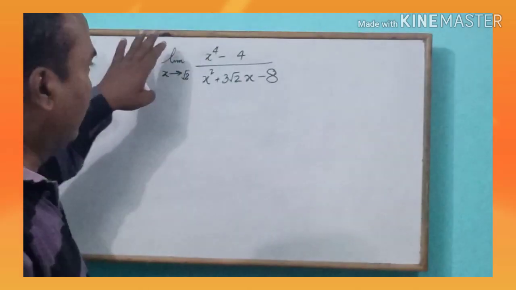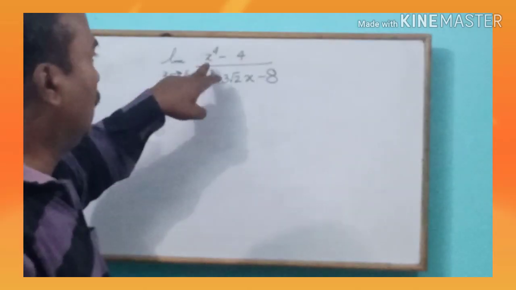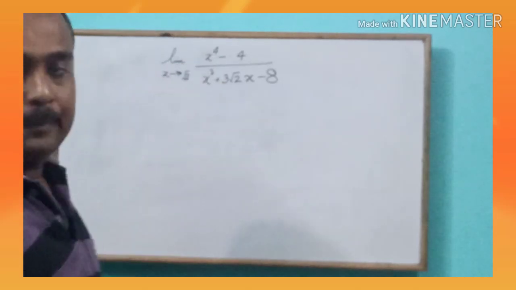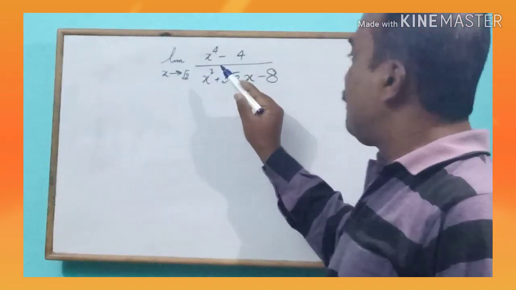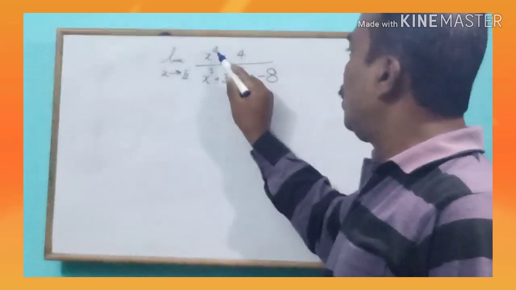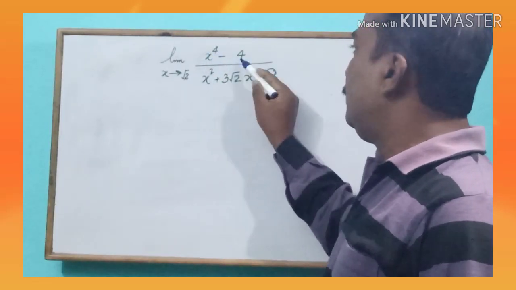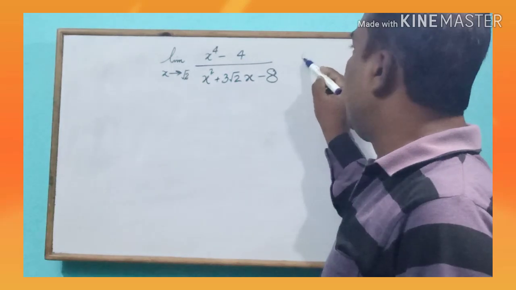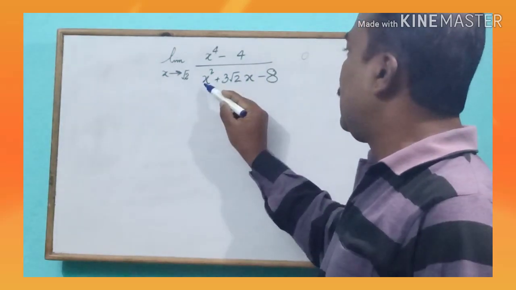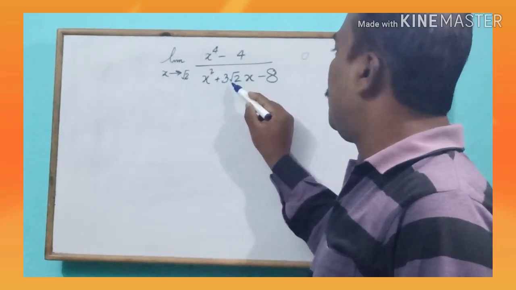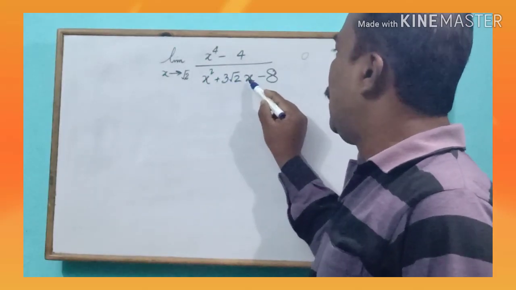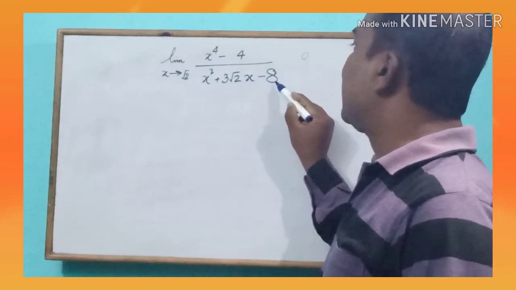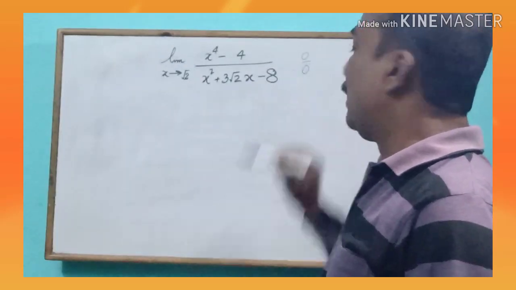If I put the value x is equal to root 2 here, we will get root 2 to the power 4, that is 4, minus 4, that will be 0. Numerator part will be 0, and denominator part, root 2 square is 2, plus 3 root 2 times root 2, that is 6. 2 plus 6 is 8, minus 8, that is also 0. So it is 0 by 0.